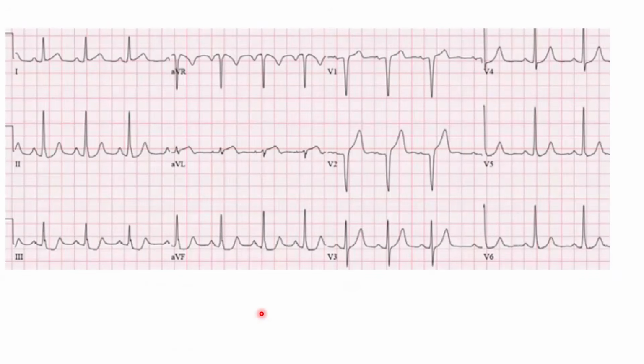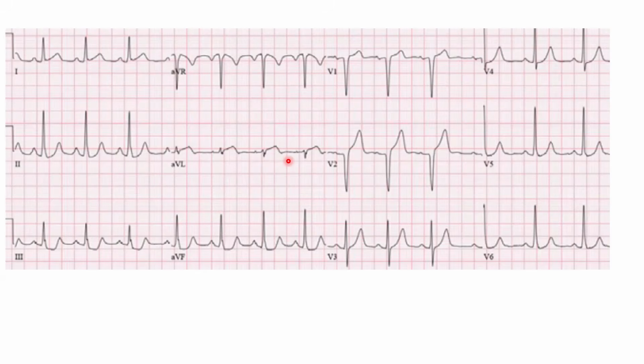Now, there is a second pattern that is being talked about that I want you to recognize. It's called the South African flag pattern. And in that case, you have an ST elevation in two non-contiguous leads, in lead AVL and lead V2, along with inferior reciprocal ST depression. So ST elevation in AVL and V2, sometimes in lead 1.